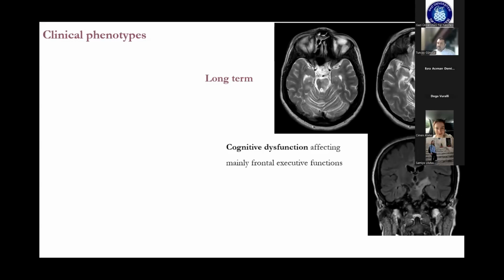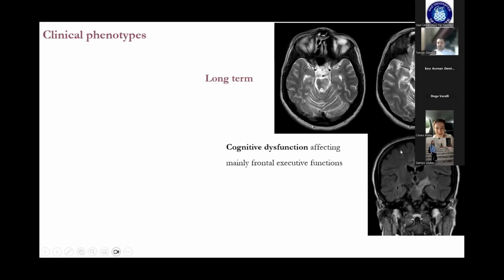We see cognitive dysfunction in these patients, mainly frontal executive dysfunction, even though we don't see frontal lesions. And we hypothesize that this dysfunction is maybe due to disconnected pathways between the brainstem and the frontal cortical areas.